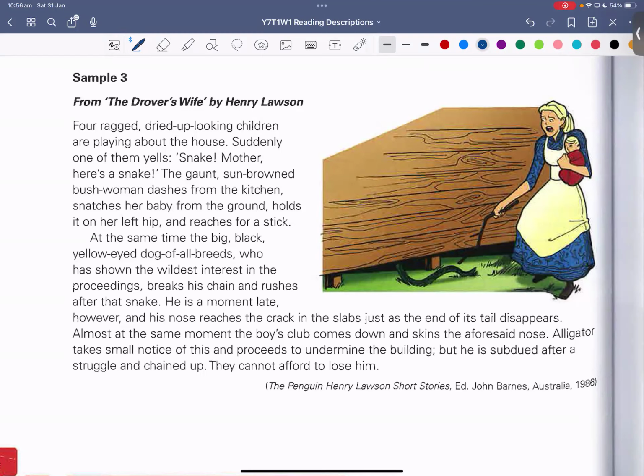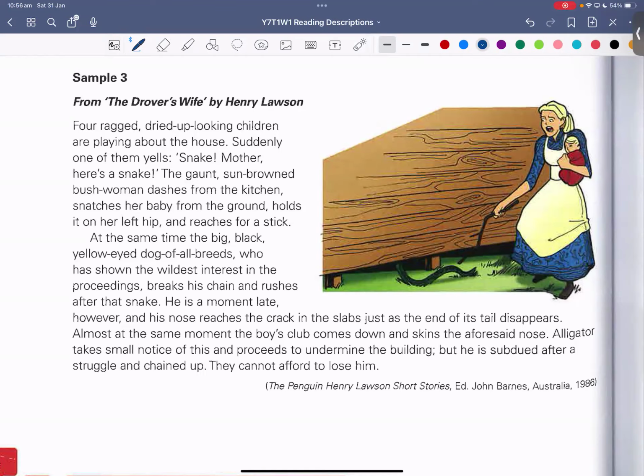Oh, okay. So the boy comes with his bat, like a wooden bat, right? Made out of wood. And then he basically peels off the skin of the snake. So yeah, the skins are peeled off the snake's nose. Then what happens to the dog?